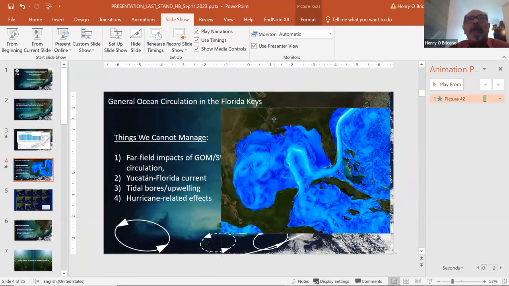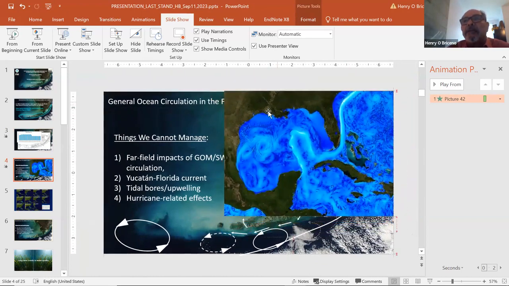Okay, so this is the major circulation pattern in the Caribbean. Here's Cuba, here's the Gulf of Mexico. So we have this current that moves about 100 times the water of all the rivers in the world, equivalent, just 30 billion gallons per second.